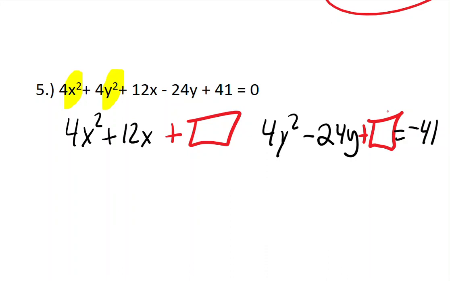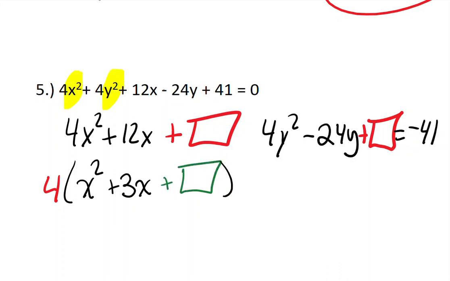Do you remember what you do? Factor it out. So I take a 4 out, and I have x squared plus 3x. I'm still going to add in this box in here. I'm going to take out a 4 as well over here, and this time I get y squared minus 6y. Again, I'm going to keep that box.